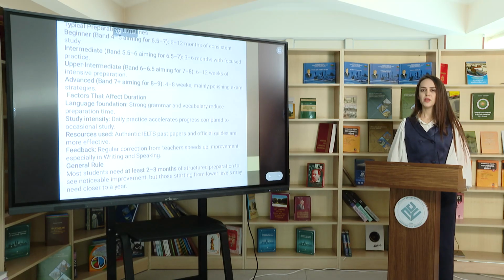If you are B2 level, in short upper intermediate level, it will take 6 or 12 weeks to prepare. And in the end, if you are an advanced level student, it only takes 4 or 8 weeks, or just 2 months, to prepare and get a higher score.